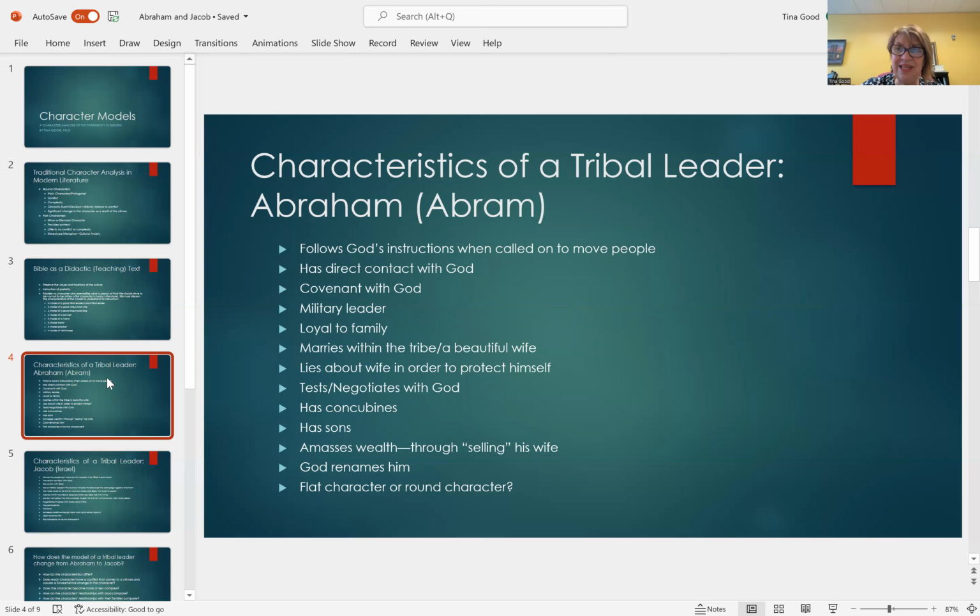Do you want to be the kind of God that destroys 50 good people? Is that the kind of God that you want to be? Do you want people to think of you as that kind of God? And God says, all right, if there's 50 good people, I won't destroy Sodom and Gomorrah.